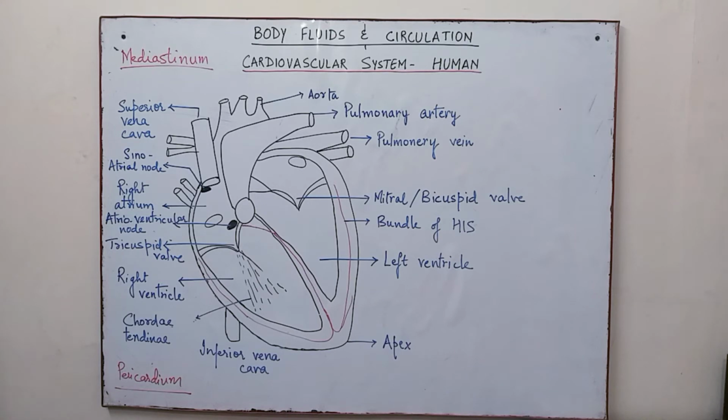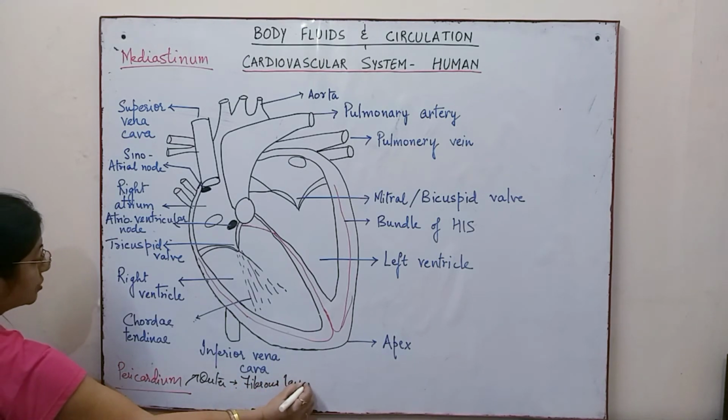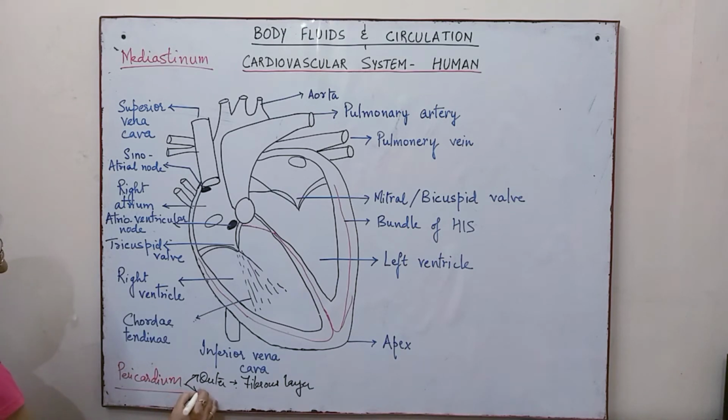Now this pericardium consists of two different layers. That is, the outer layer is the fibrous layer, and the inner is the serous layer.